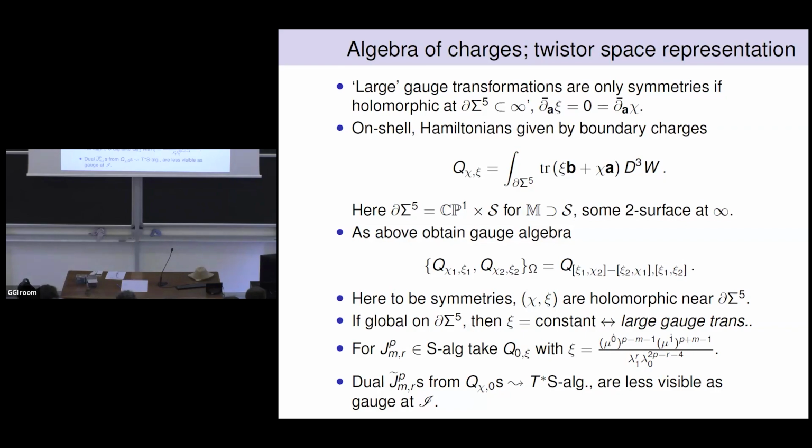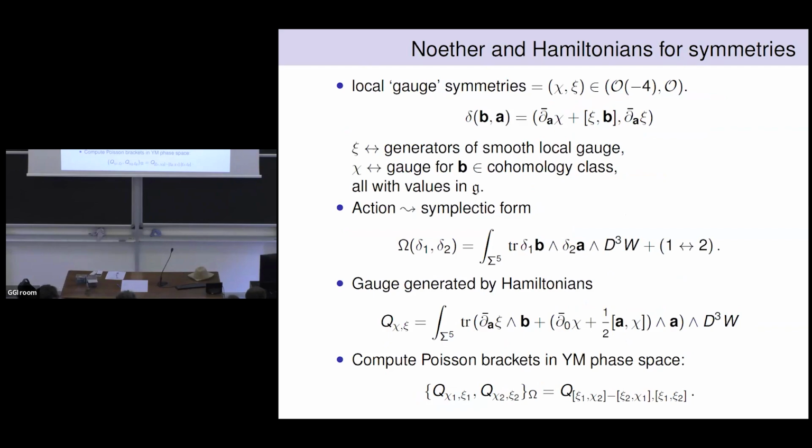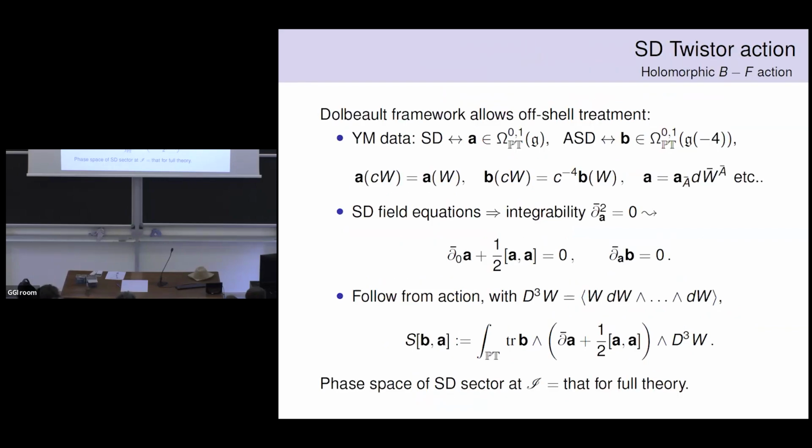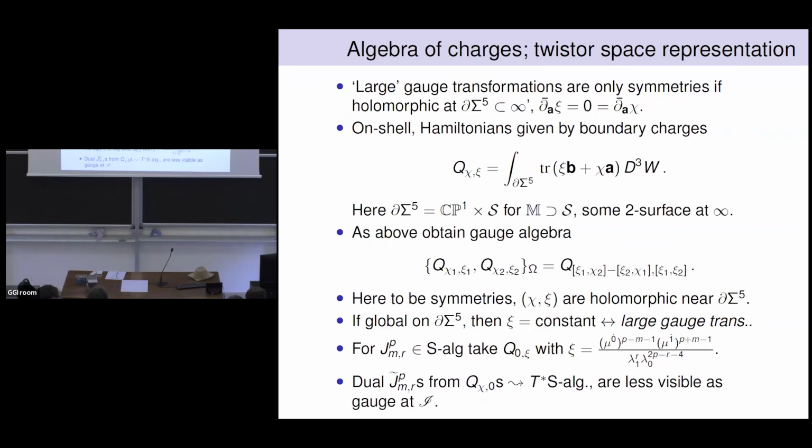But the chi's are new, and they came from the fact that we had this extra gauge freedom in the B. Adding on a d bar to B is a symmetry of this action, because of the Bianchi identity satisfied by this curvature. So that's not visible on space-time in any normal way.